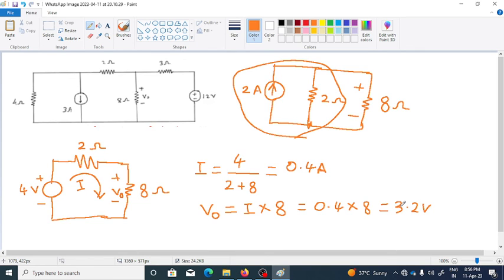So in this way we can say that the voltage drop across this resistor 8 ohm is 3.2 volt.